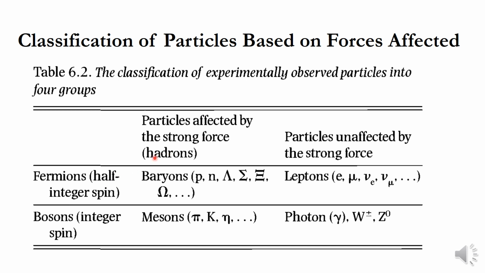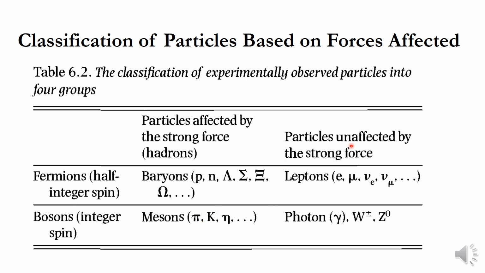The hadrons with half integer spin, or fermionic hadrons, are called baryons, and bosonic hadrons are called mesons. Examples of baryons are the nucleons, that is proton and neutron, then lambda, sigma, psi, and omega. And examples of mesons are the pi, the kaons and the eta.